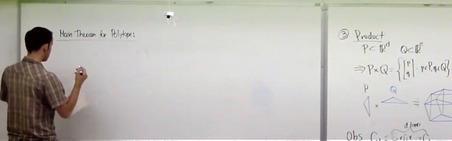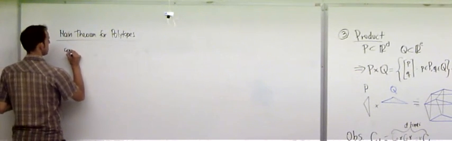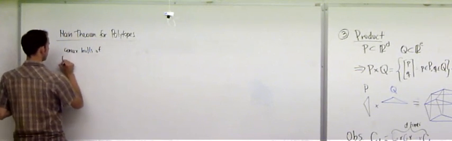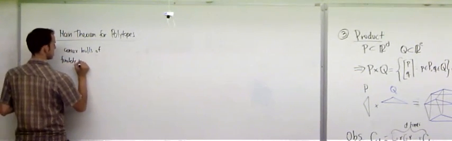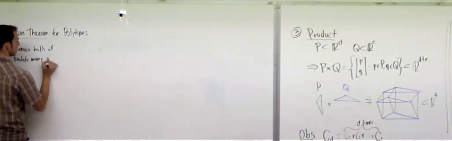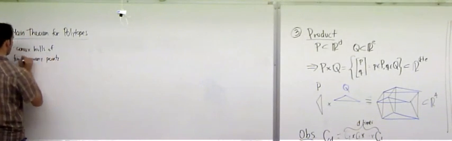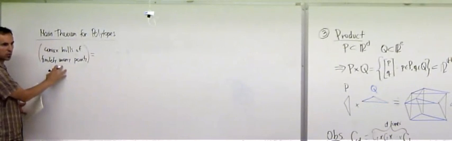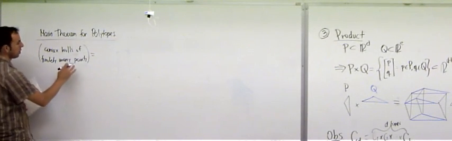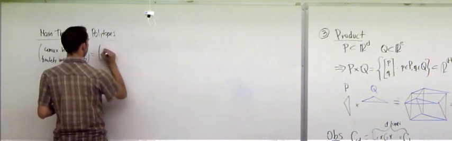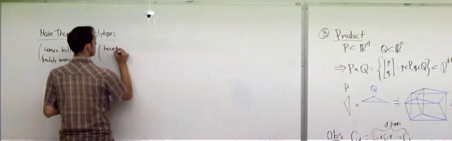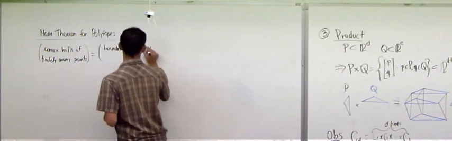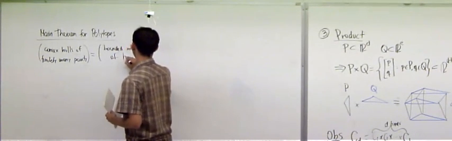The thing we're going to be using the most is that the convex hulls of finitely many points are the same things. So this is how we define polytopes, as a convex hull of finitely many points. But that's the same thing as the bounded intersections of finitely many half spaces.